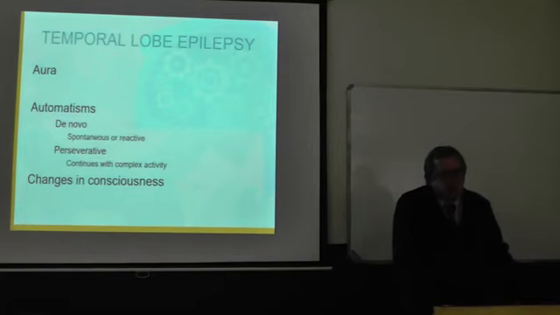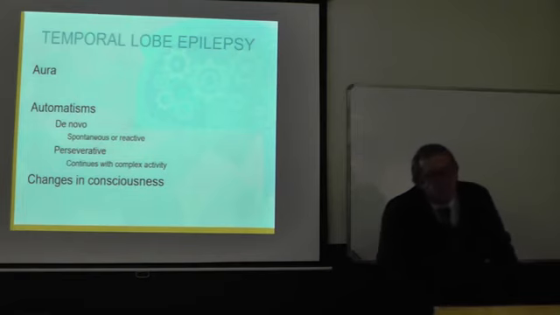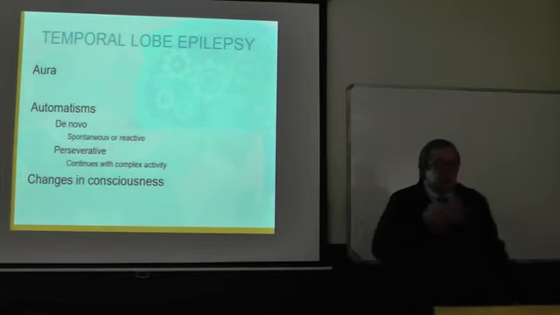So if a mother phones me and says, little Johnny is doing something odd, then it must be temporal lobe epilepsy. And then I say, it's unlikely unless he does it 10 times and it's exactly the same and so on. So it's unlikely unless it looks the same.